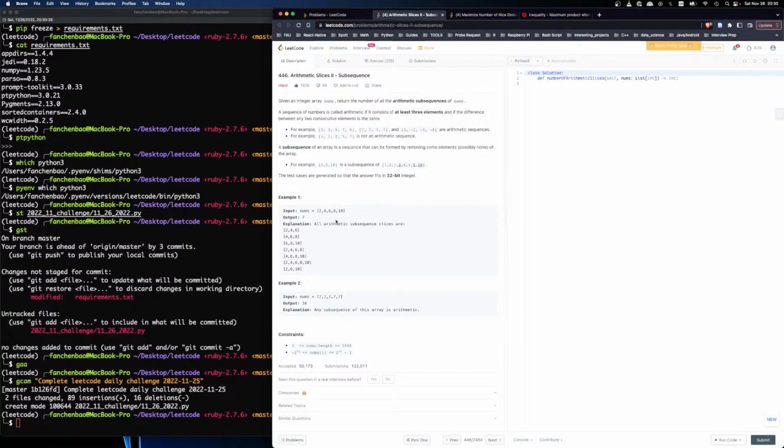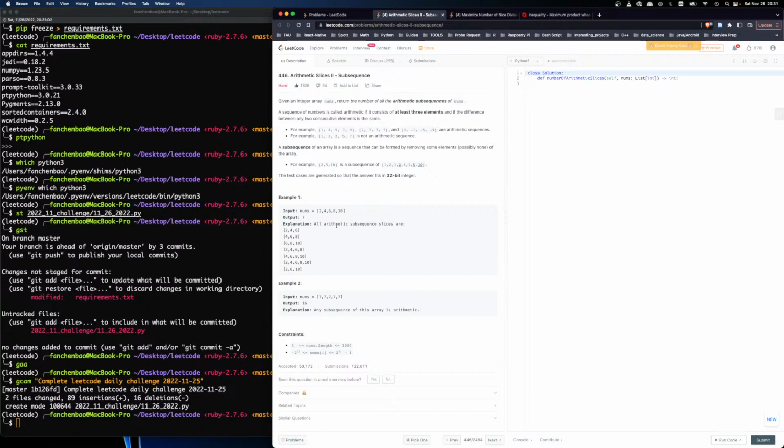The difference is 4, and the difference is 6. So I can do a little counter like that. I don't really need a counter, but a counter will be easier. So I add a counter: the difference and the number of values with that difference.